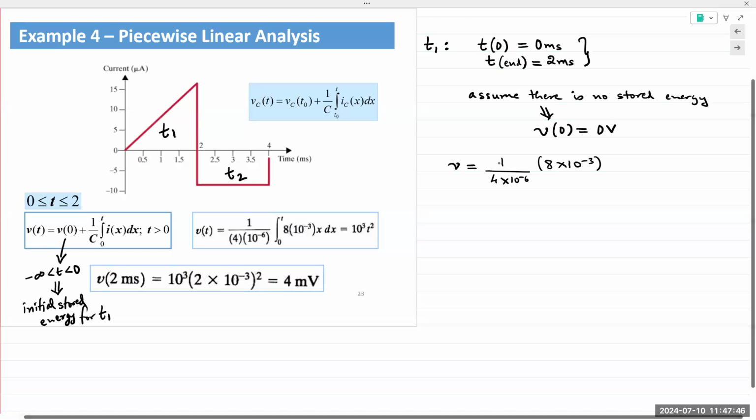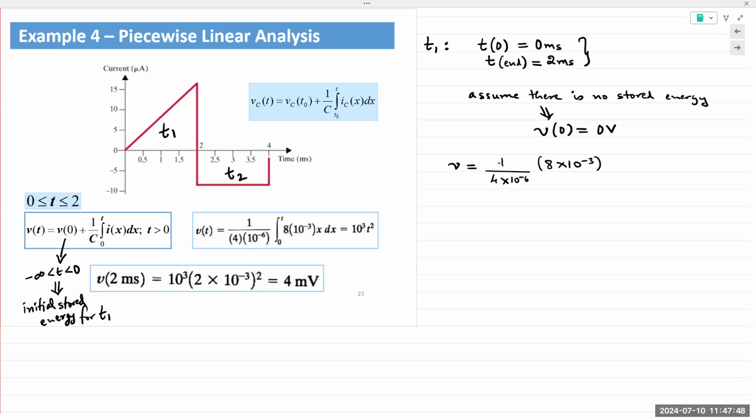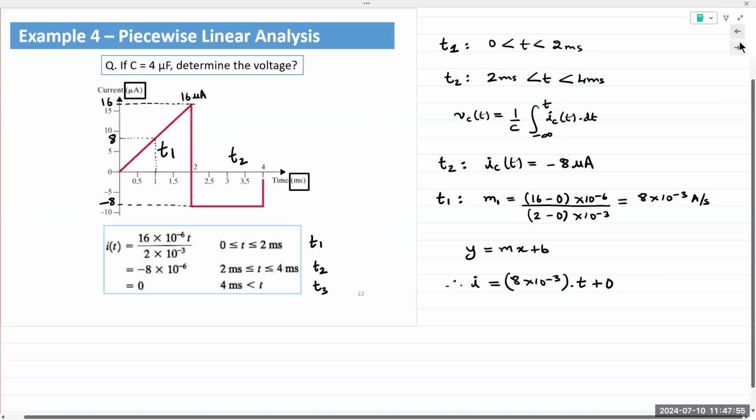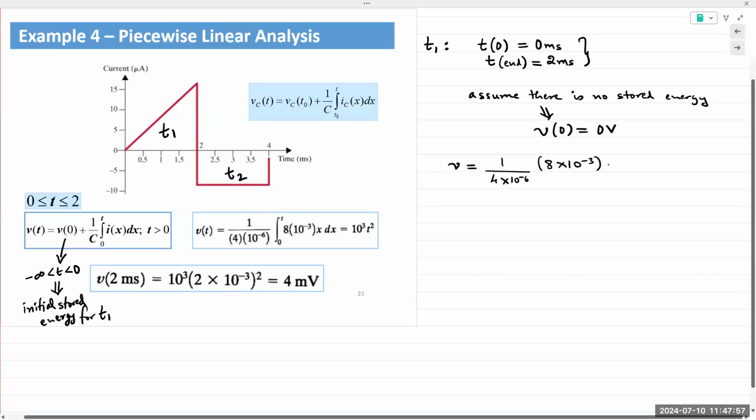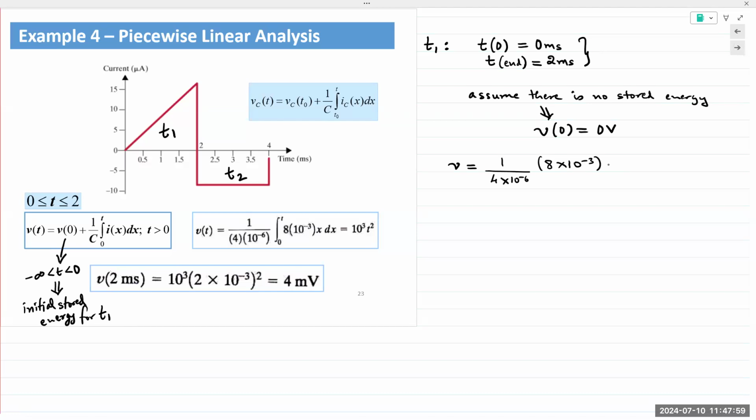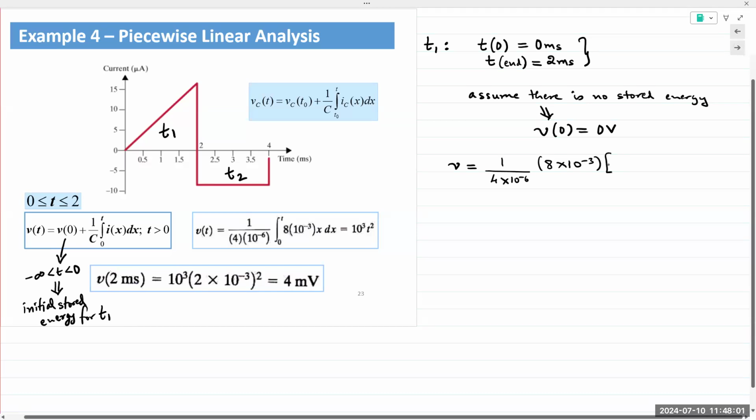Wait, 8 into 10 raised to minus 3. Oh, that's right. 8 into 10 raised to minus 3 t, and you know what, let me write this again from the beginning.